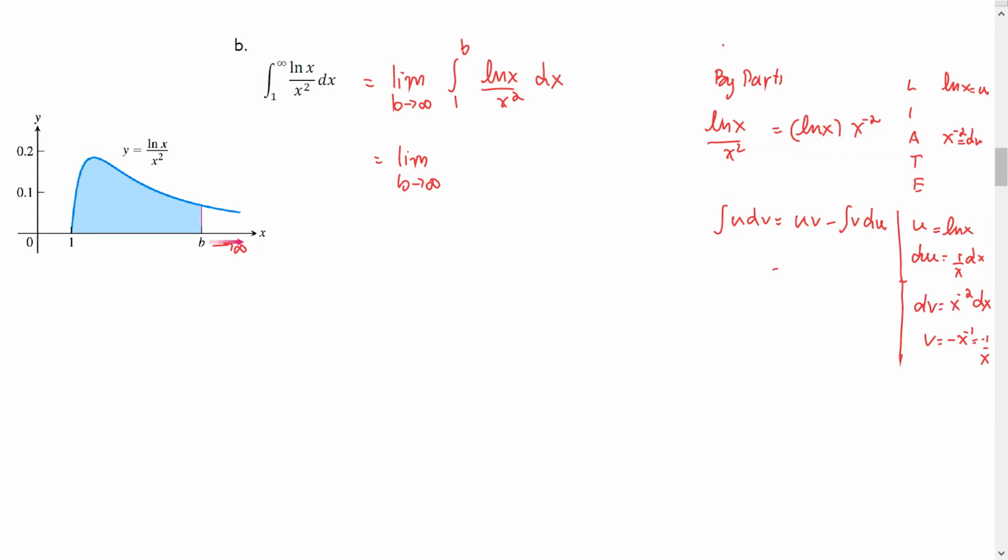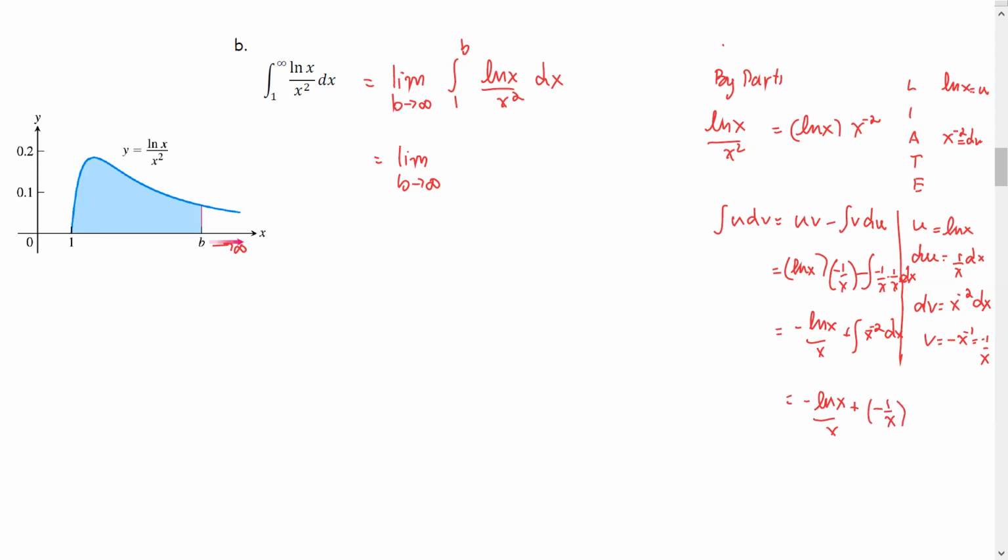Put in the by-parts formula, u times v, which is natural log x multiplied by negative 1 over x, minus the integral of v, which is negative 1 over x, multiplied by du, which is another 1 over x dx. Simplify to be negative natural log x divided by x plus the integral of x to the negative second with respect to x. And then the antiderivative of x to the negative second is negative 1 over x.